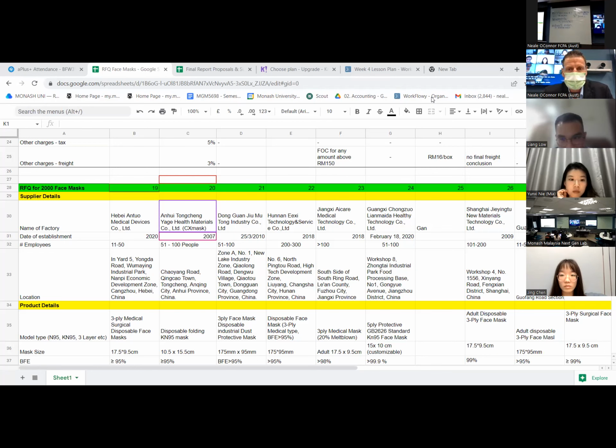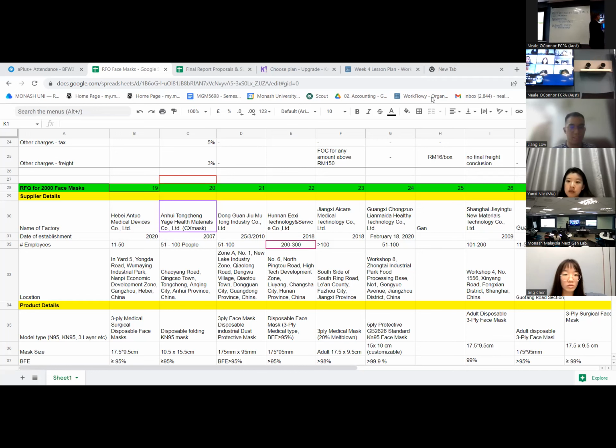Wait, give me a second. Supplier number 9 and number 10. Number 9, 10, anyone else? And the third one will be, give me a second. 7. Liang's group, 7. Yeah.